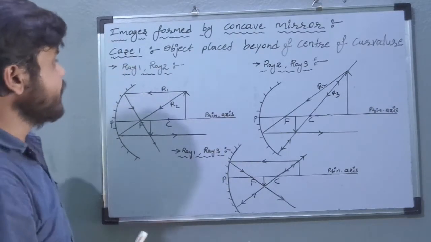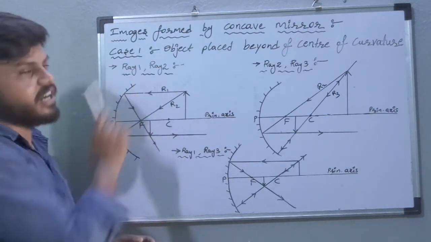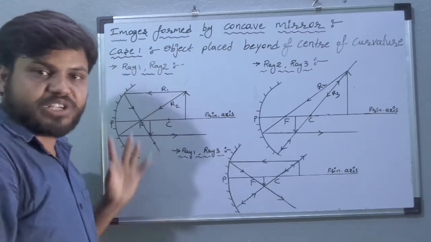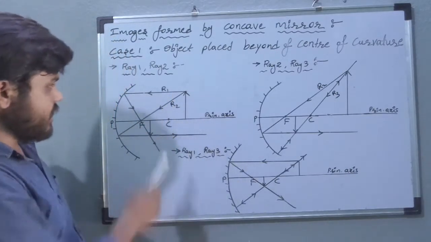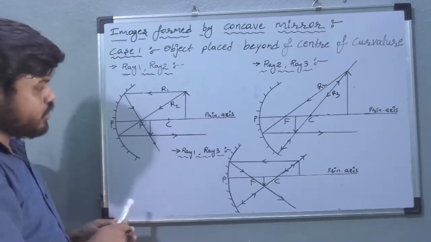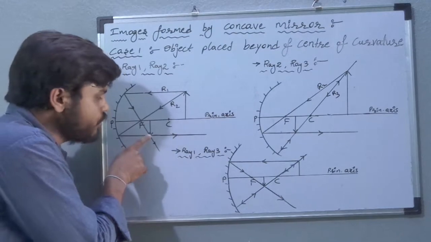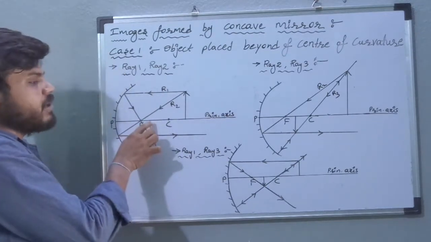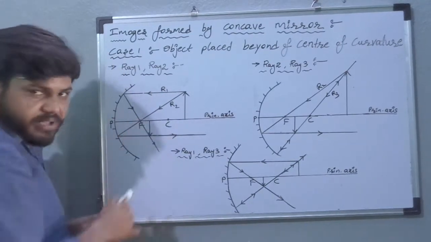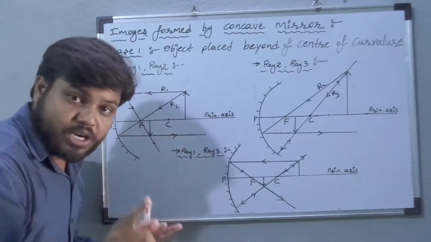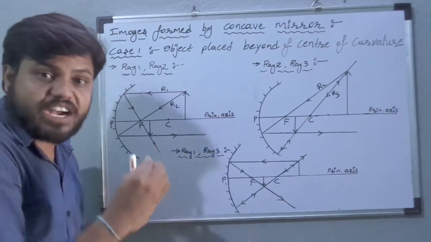I am repeating, I am taking ray 1 and ray 2. One incident ray is parallel, another incident ray passes through the focus. So we got the reflected rays' intersection point here. If you draw a line perpendicular to the principal axis, we get the image.